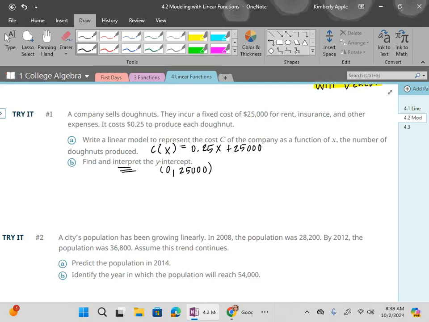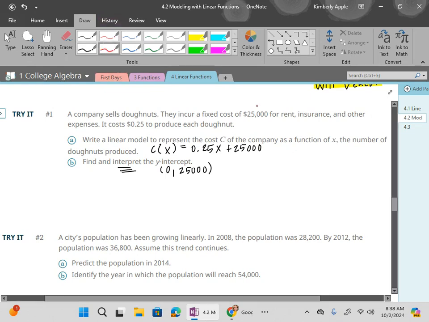But I asked you a question, right? I'm like, what is going on here? And then we need to know what that y-intercept is actually telling us. So, again, as you work through this, hopefully you were like, all right, what are the changing quantities here? Number of donuts is changing, and the cost is changing, right? So one of these is going to be the input, and one of them is going to be the output.